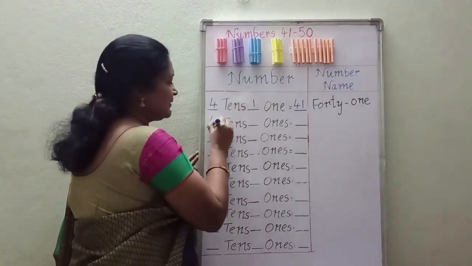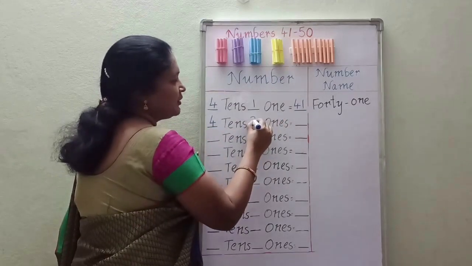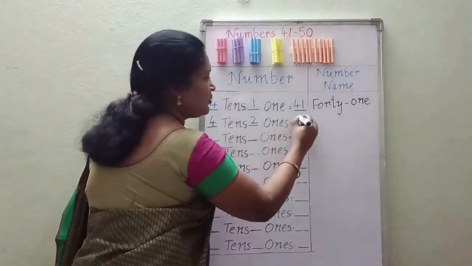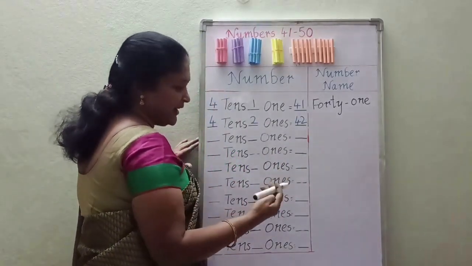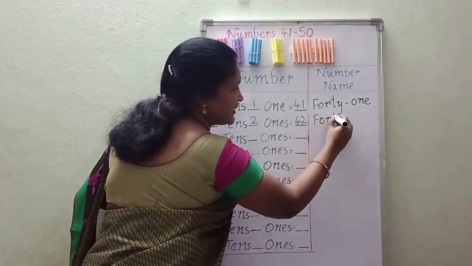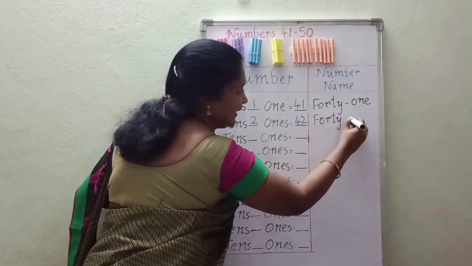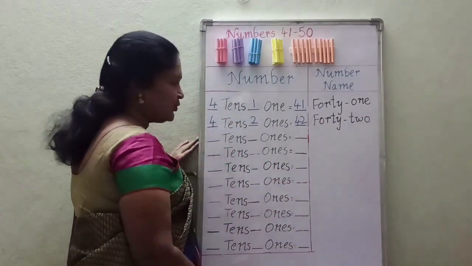And see the next one, children. 4 tens, 2 ones, 1, 2. So which number did you get? 42. What is the spelling of 42? FORTY, 40, TWO, 2. 42.